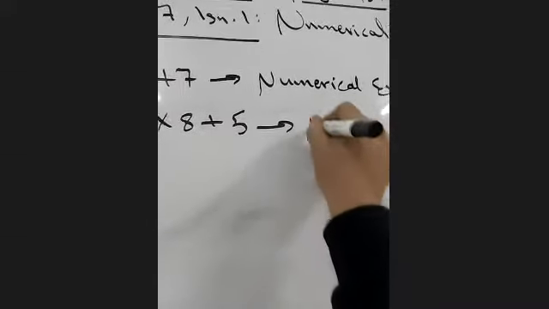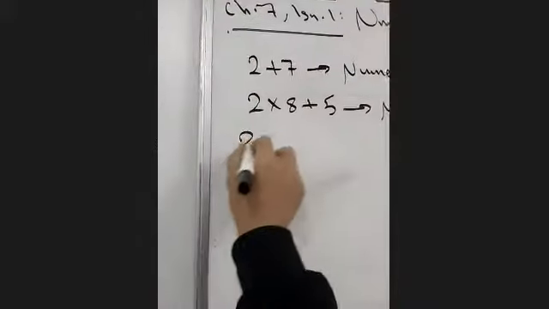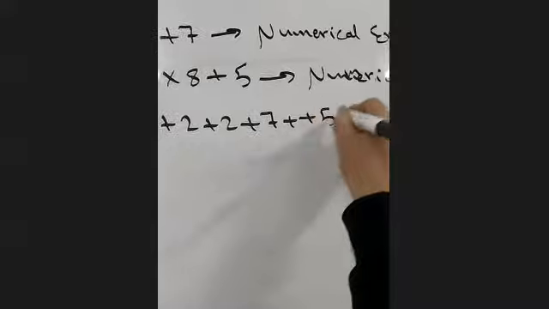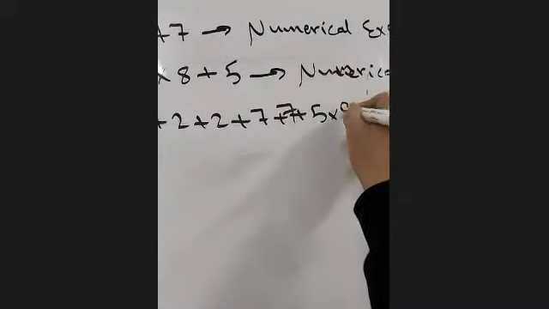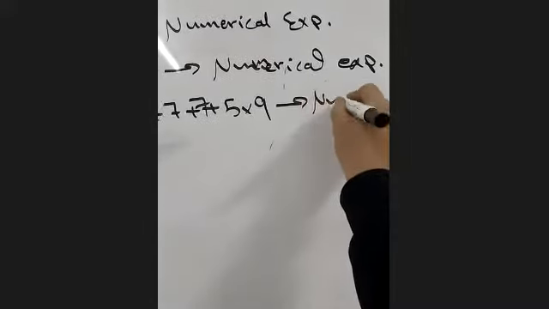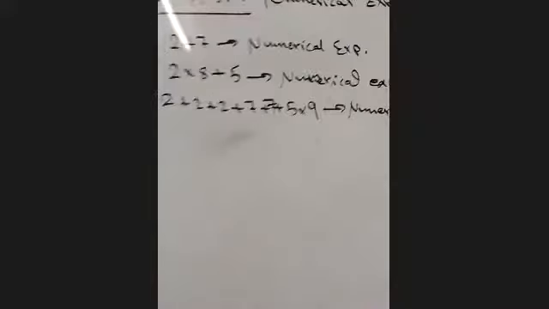This we call a numerical expression. For example, 2 plus 2 plus 2 plus 7 plus 7 plus 5 multiply 9. This we call a numerical expression.